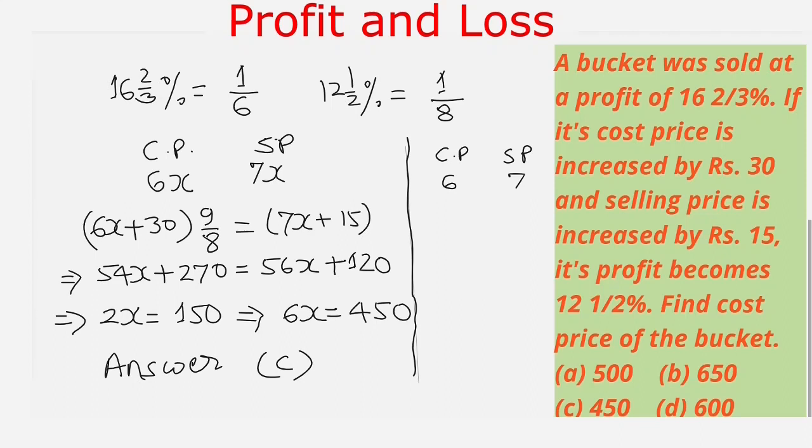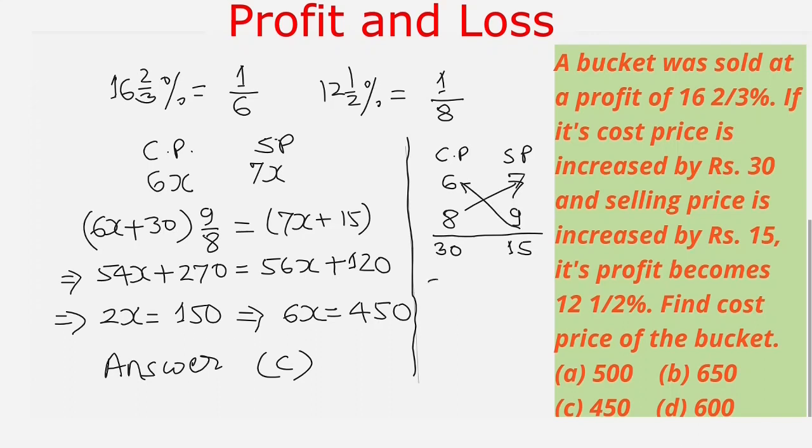That is, if the cost price is 8, then selling price is 8 plus 1 is 9, and there was an increase in cost price by rupees 30 and increase in selling price by rupees 15. Now we cross multiply it. 8 times 7 is 56 minus 9 times 6 is 54.